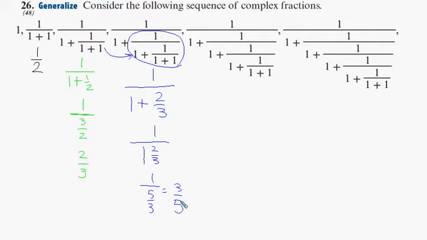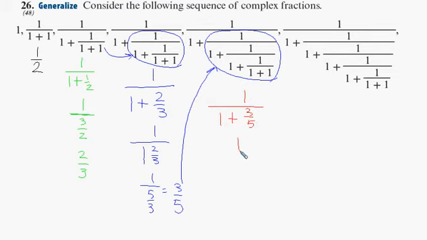All right, everybody good on this so far? All right, now we know that all of this right here is equal to 3/5. Are you seeing that? That's equal to 3/5. So we change the color again. We have 1 over 1 plus 3/5, right?